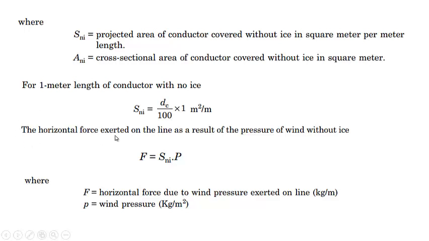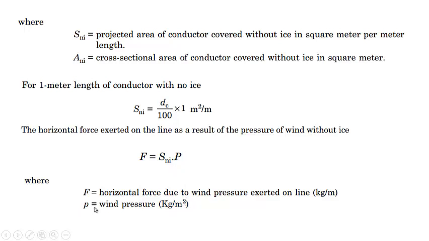So the total horizontal force exerted on the line as a result of wind pressure without ice. If the wind pressure is given in terms of small p, the total force given by the wind will be equal to this Ani into p, where Ani is equal to dc by 100 into 1, and p will be given in kg per meter square.